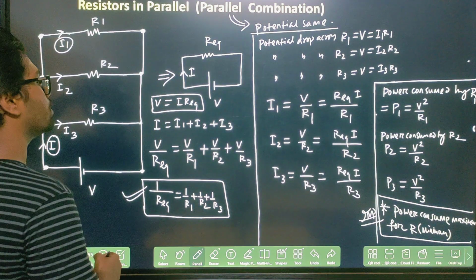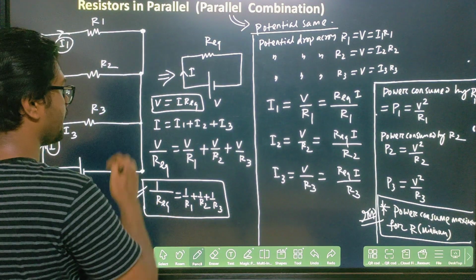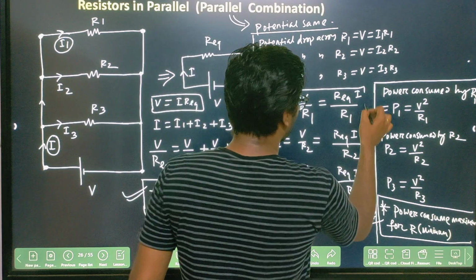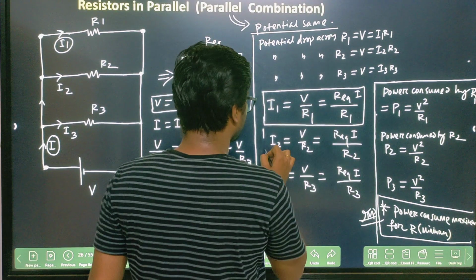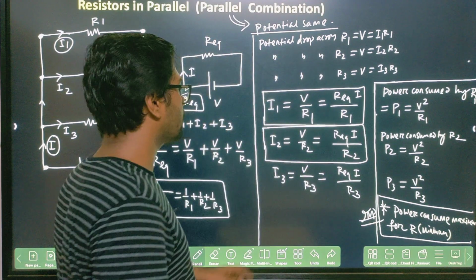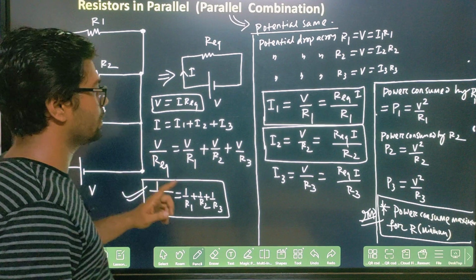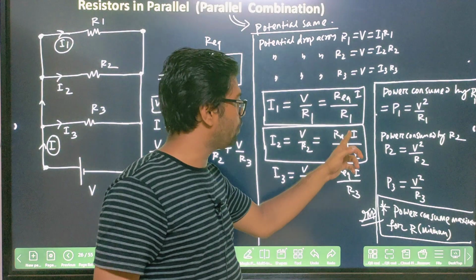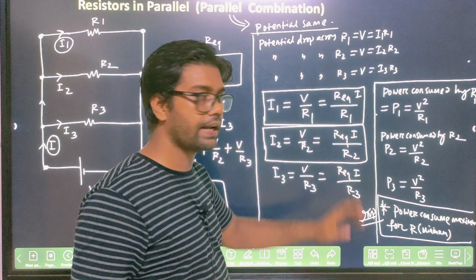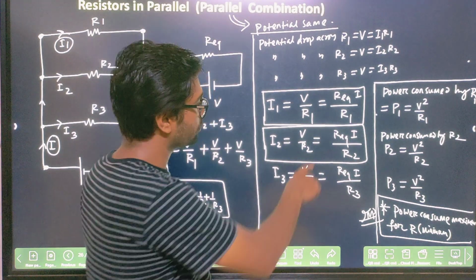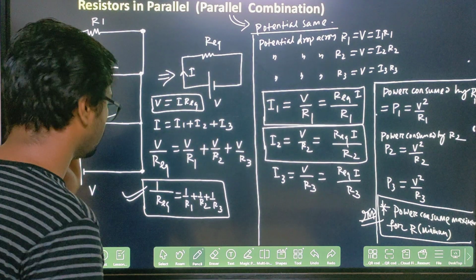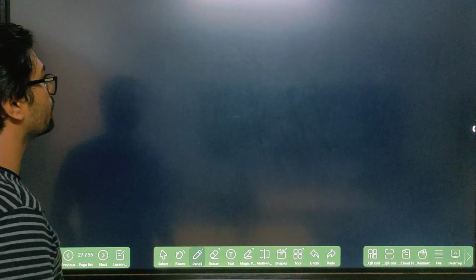These two concepts you have to remember. Okay. And this current formula you also have to remember, right? You can find the current through any resistor in terms of the net current I which is flowing, so I divided by R2 times R equivalent. This way you can find it out. Okay.